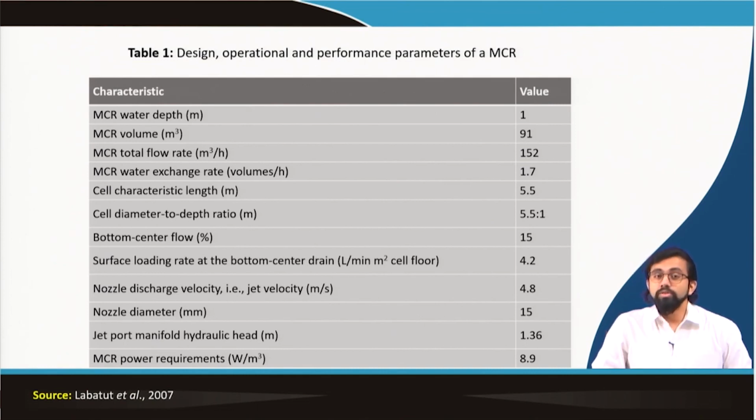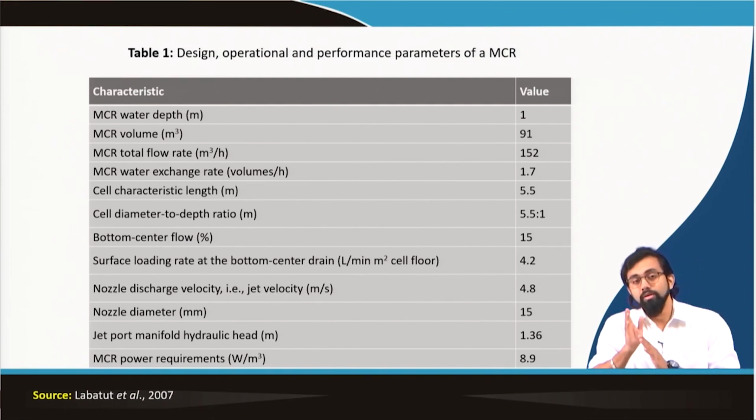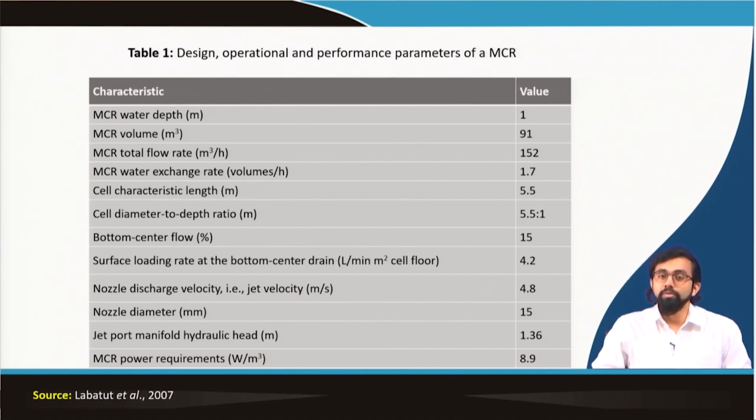Suppose these MCRs are working for 1 hour a day, just as an example. In 1 hour the MCR unit takes 8.9 watt-hours for treatment of 1000 liters of wastewater.